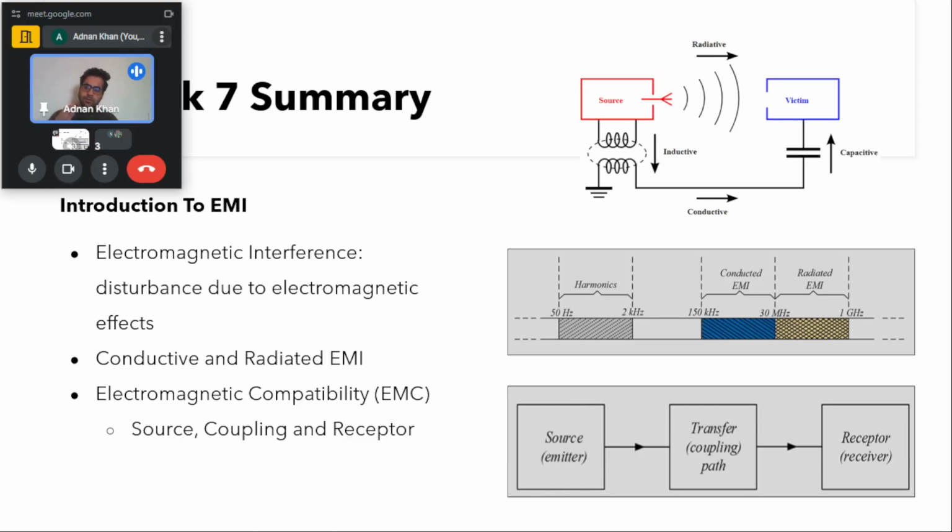If we are also not able to attenuate it, and somehow the EMI reaches our receptor or receiver, our receiver should have the ability to withstand that EMI.